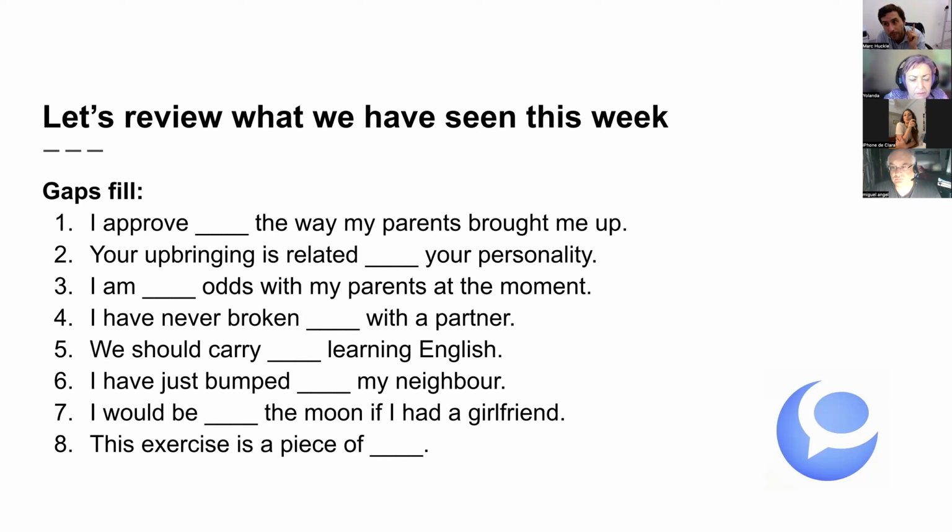Do you know, Clara? Maybe off. Sorry, I didn't hear you. Say it again. Broken off. No, it is break up with. Break up with is romper con alguien. We can say break up with, finish with, end with, split up with, meaning romper con alguien. I have never broken up with a partner.